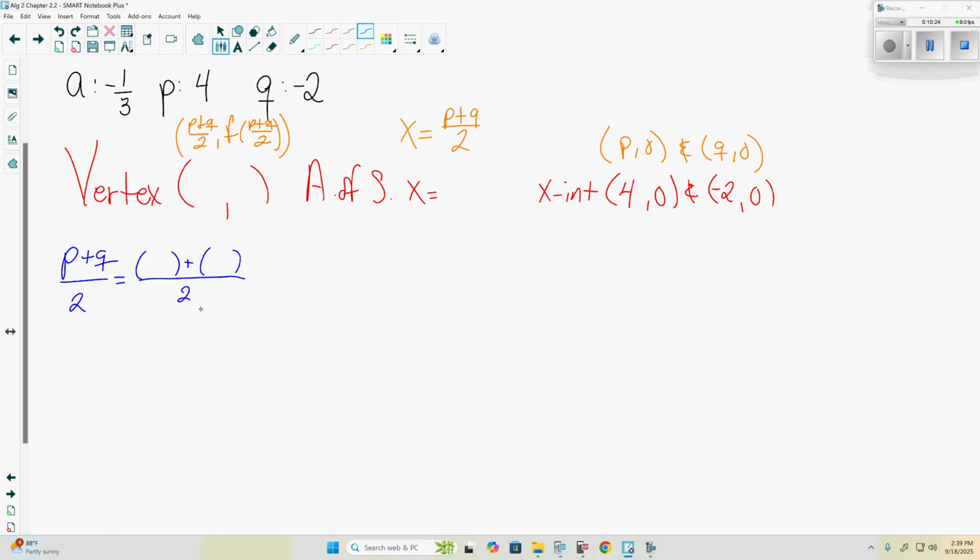So p is 4, q is negative 2. At this point we can do this in a calculator, 4 plus negative 2 all over 2, and it'll tell us the answer. If we did it by hand, 4 plus negative 2 is 2, and 2 divided by 2 is 1.